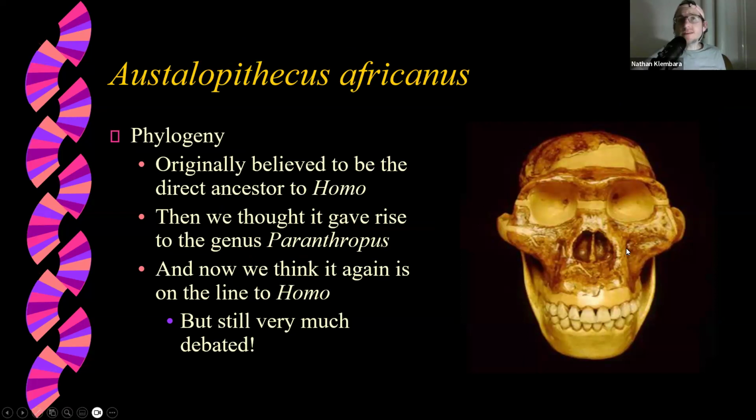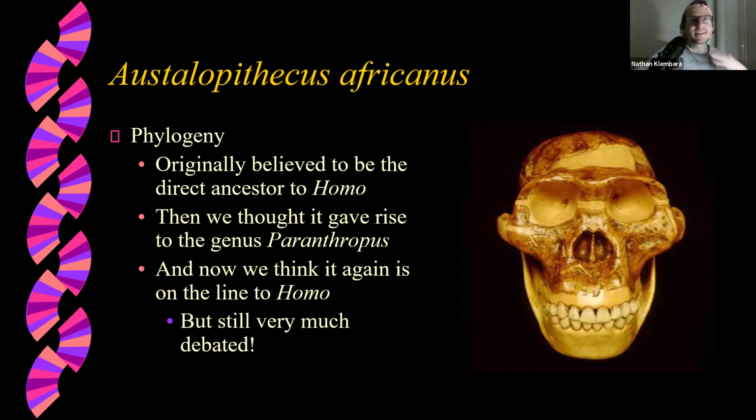Now, we used to think that Africanus was the direct ancestor to Homo. We don't necessarily think that anymore, but maybe we still do. I've heard people who study this argue both ways. I study European fossils. I'm not really an expert in the African debate.